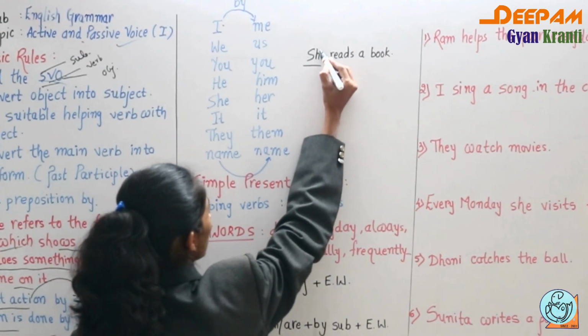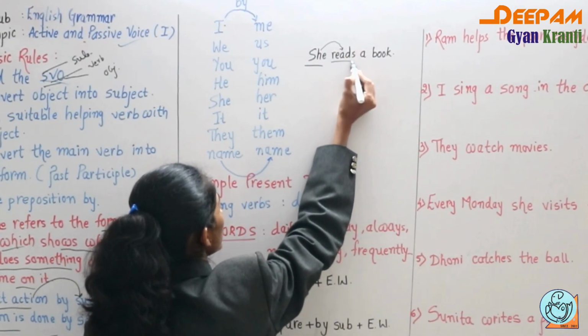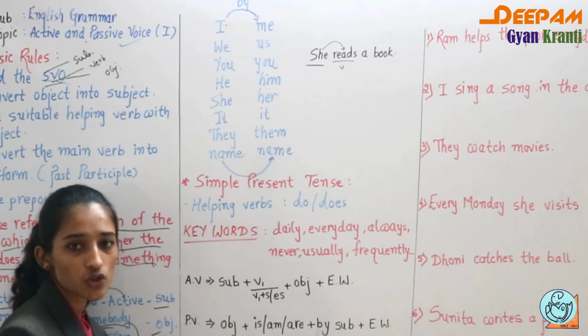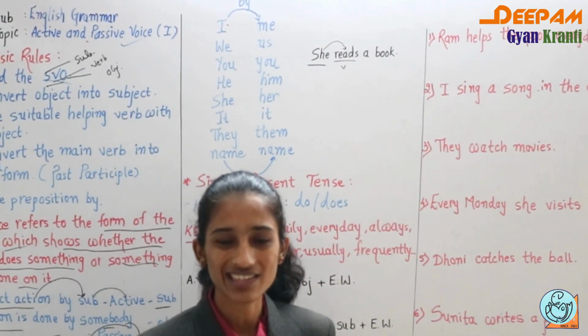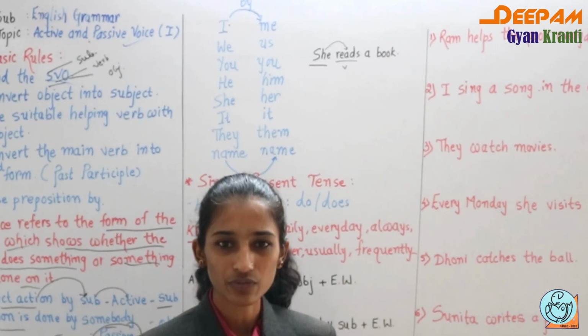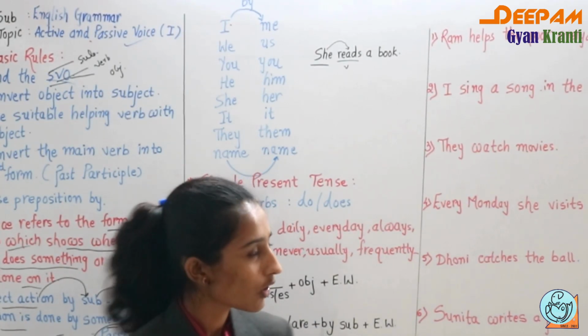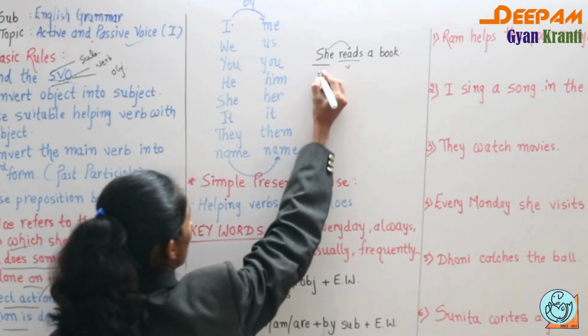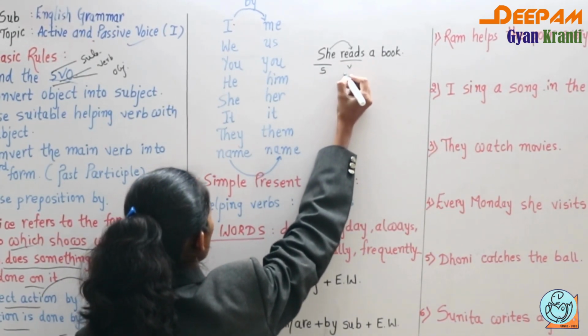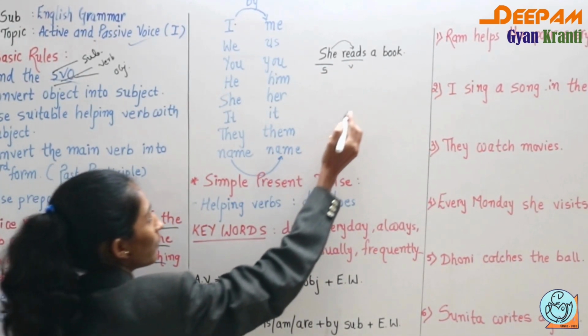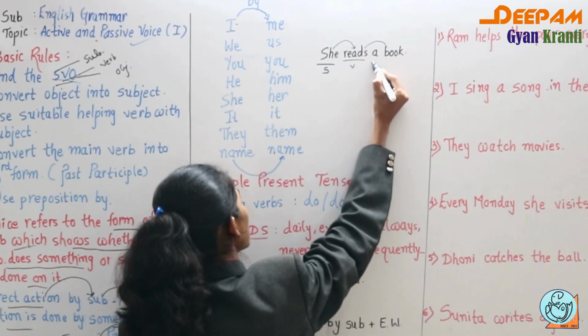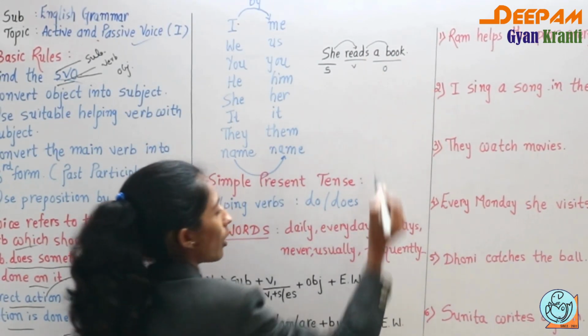Which kind of work does she do? She reads. So reads is the verb, and in short, verbs indicate action words like read, sing, jump, laugh, write. What does she read? A book. So a book is the object.